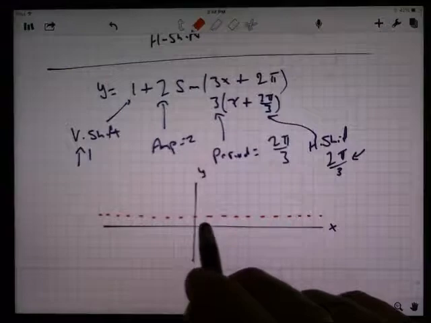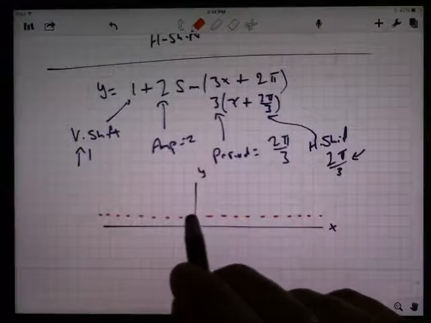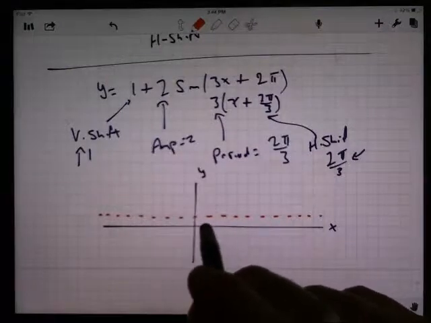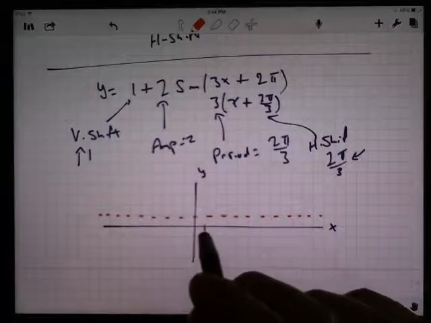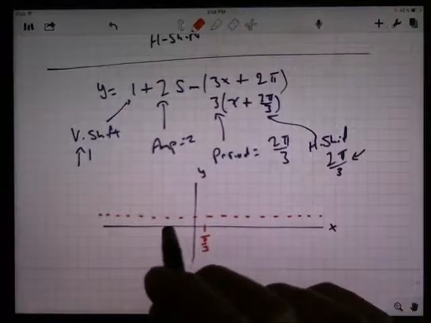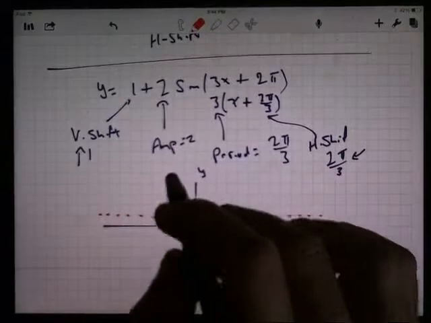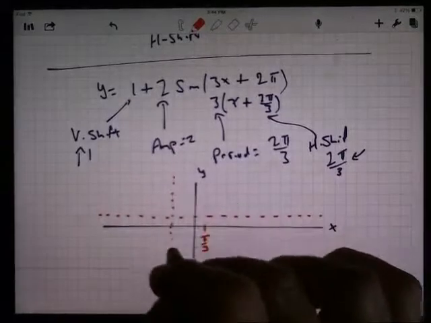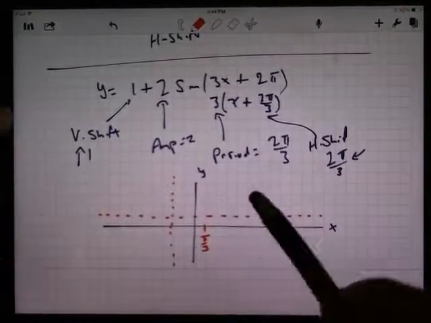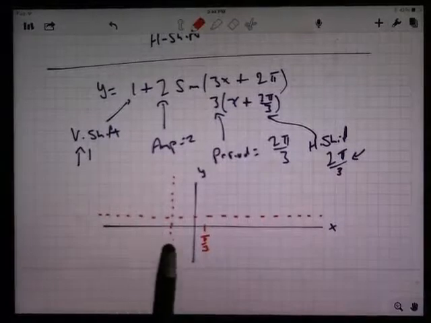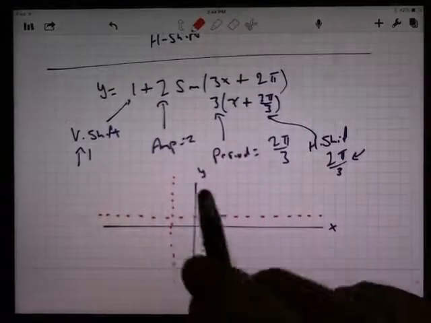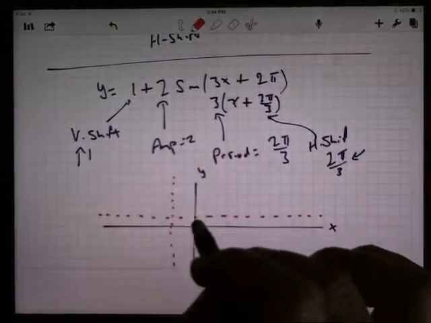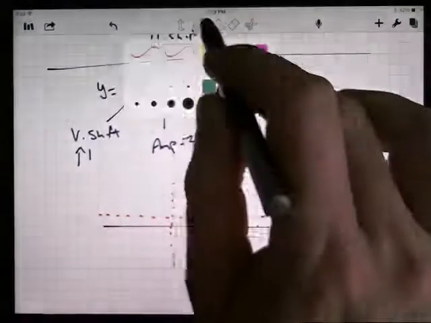If I said that was 1, pi over 3 is almost 1, so let's call that pi over 3. So my shift is 2 pi over 3. My shift is there. So the x-axis gets shifted up 1, and the y-axis gets shifted 2 pi over 3 to the left. Drawing a sine curve: a normal sine curve would start at the origin.